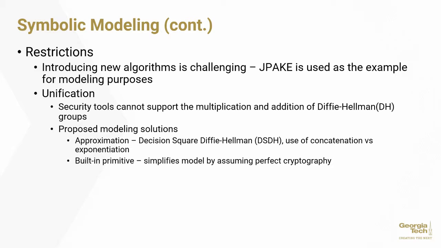In order to approximate the juggling technique of exponentiation over the parameters, they propose the use of concatenation, which uses the discrete logarithm problem and decision square Diffie-Hellman. Secondly, the authors suggest including JPake as a built-in primitive under perfect cryptography, such as Tamarin does with public key cryptography, which allows JPake to be used as a predefined persistent fact inside of security analysis.